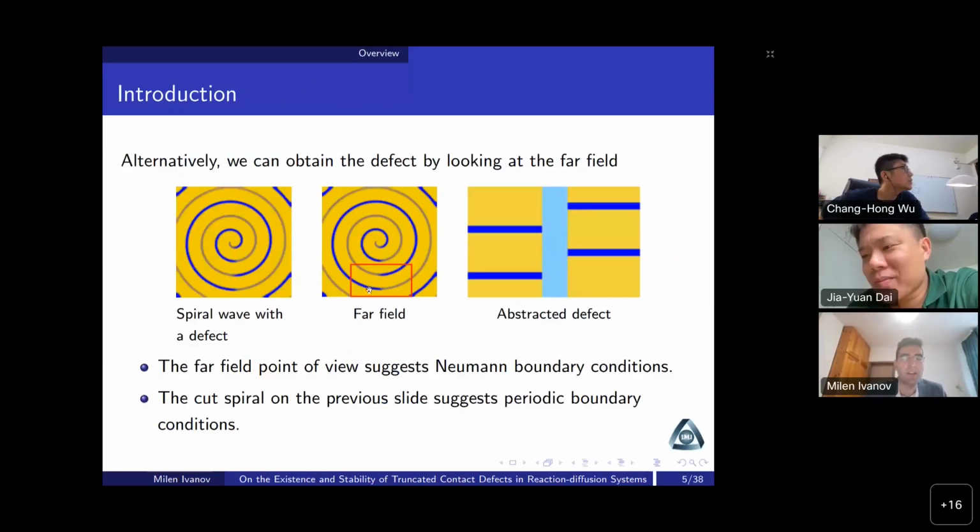So for the full spiral, Björn and Arnd have a paper where they explore the mechanism of formation of these, starting from a spiral, getting a spiral with the defect, in full generality.